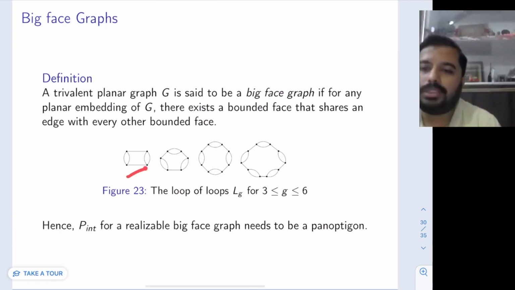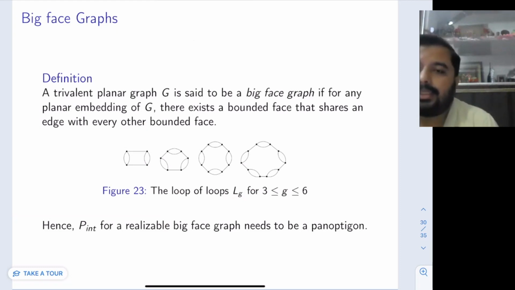The simplest example for genus 3 is this, but the larger ones are just bi-edges, each one connected to the other in a closed loop, essentially what we refer to as a loop of loops. The striking point here is that in order for such a graph to be realizable, the convex hull of the interior lattice points needs to be a panoptigon.